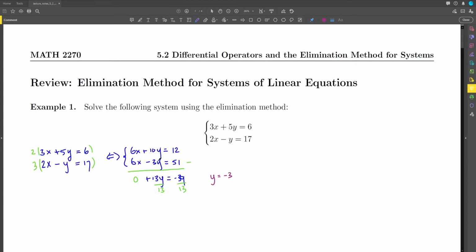So let's substitute it actually in the original equation, 3x plus 5y equals 6. So we take our original equation, 3x plus 5y equals 6.